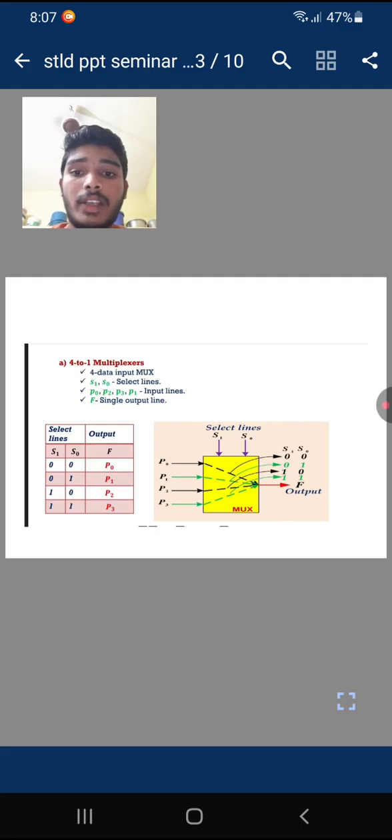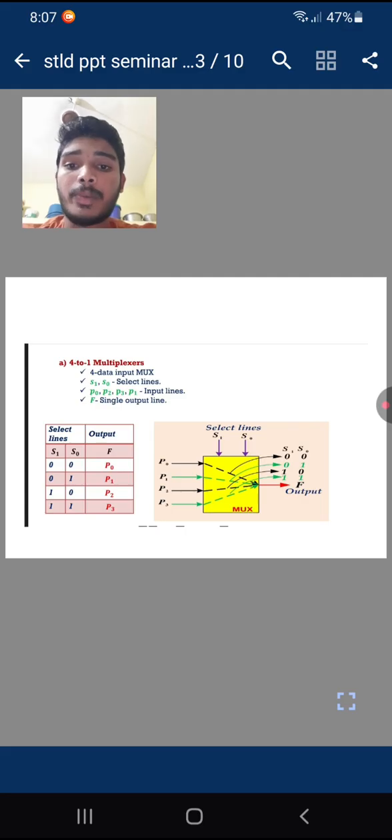If S1 equals 0 and S0 equals 0, we get output P0. If S1 equals 0 and S0 equals 1, we get output P1. If S1 equals 1 and S0 equals 0, the output value is P2. If S1 equals 1 and S0 equals 1, the output value is P3.